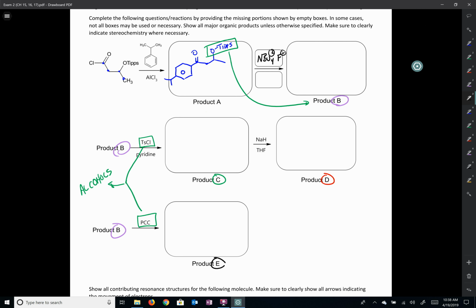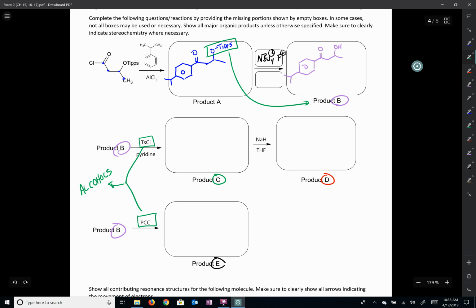THF is fine, but that's not too important in this case. We just need some kind of fluorine source. And so our product then is going to be our deprotected alcohol. There it is. Great.